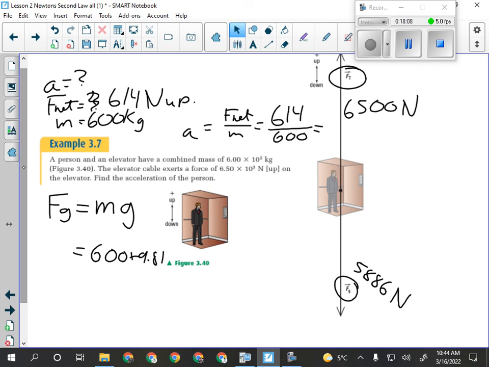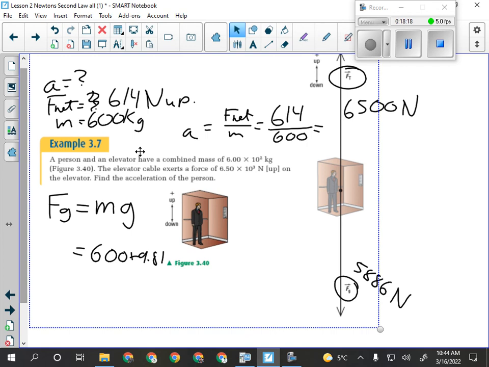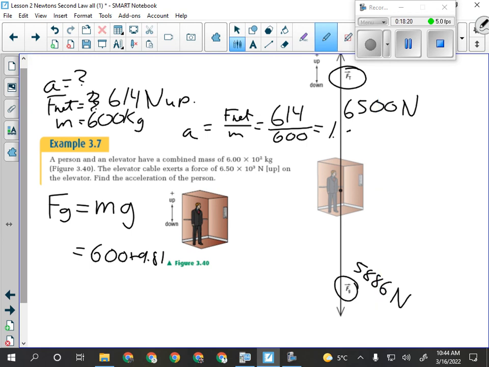Yeah, so it's going to be just over 1, right? So I think we have 3 significant digits there. So we can go 1.02 meters per second squared. What's my vector? Up, yeah. Always the same as F net. Whatever the vector on F net is the vector on acceleration.